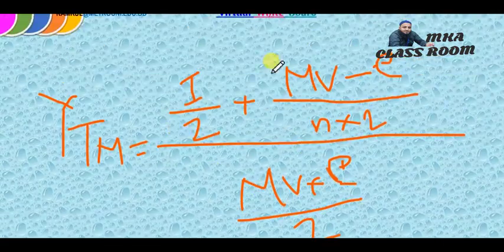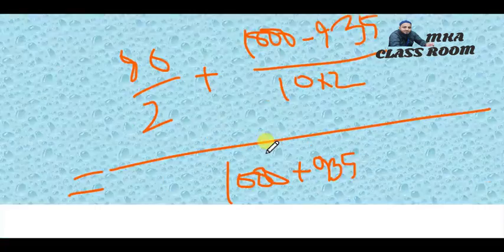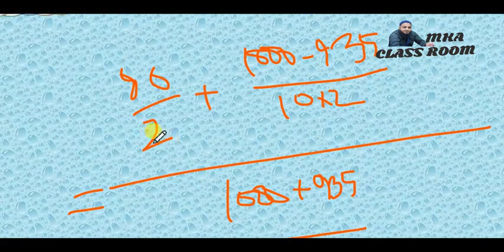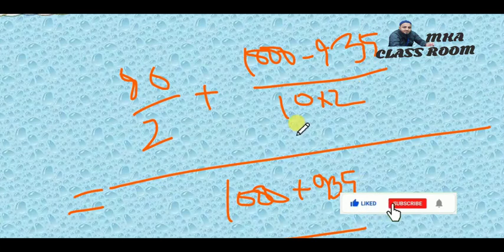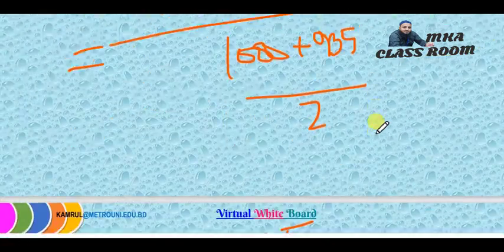So that is the formula for our YTM, yield to maturity. Then if we put down our values, 8% coupon, that means 80 taka divided by 2, plus 1000 maturity value, and the current market price of this bond is 935. 10 years to maturity, 10 into 2, then 1000 plus 935 divided by 2.